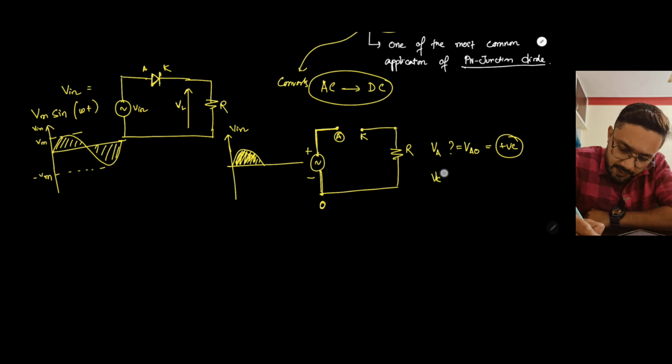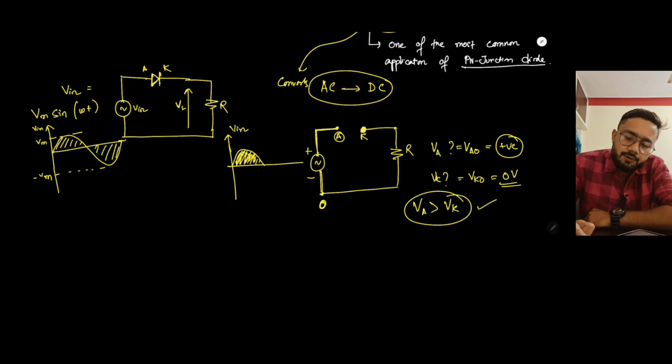And what is VK? VK is VKO. As the diode is not conducting, this is an open circuit condition, current is 0. So the reference node and the cathode terminal are at the same potential, 0 volt. So here VA is greater than VK, the diode will conduct, no problem.